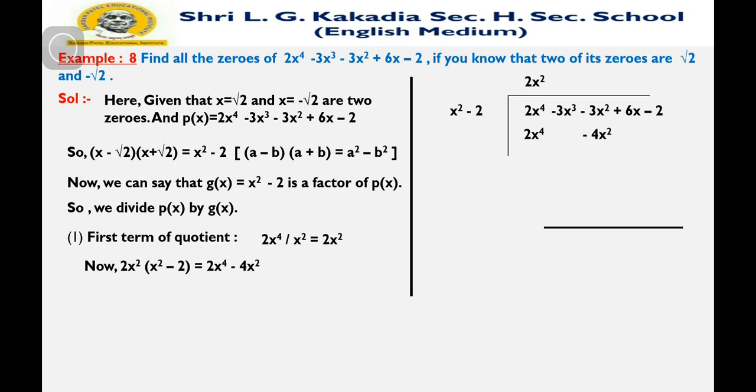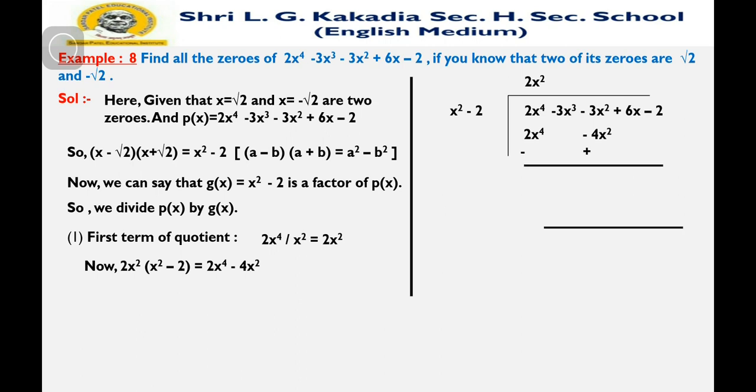We put similar terms under each other: 2x raised to 4 under 2x raised to 4, and minus 4x square under minus 3x square. Let me change the sign: it is plus, and here minus, and here minus, so we assign plus.